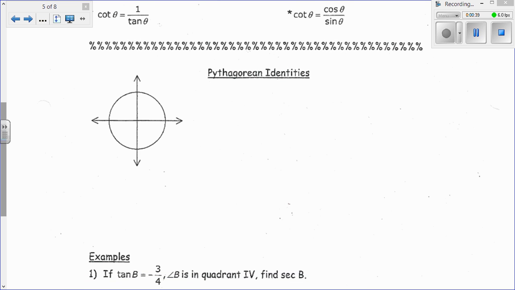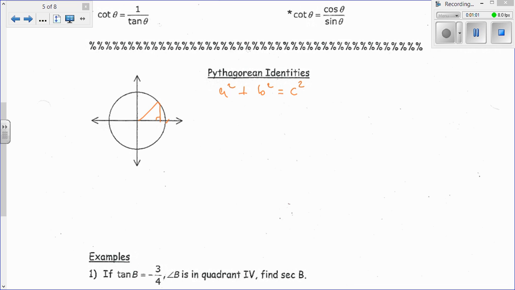All right, we have the Pythagorean identities. Everybody knows the Pythagorean formula, which is a squared plus b squared equals c squared. And we've talked about our unit circle and our triangle on the inside.